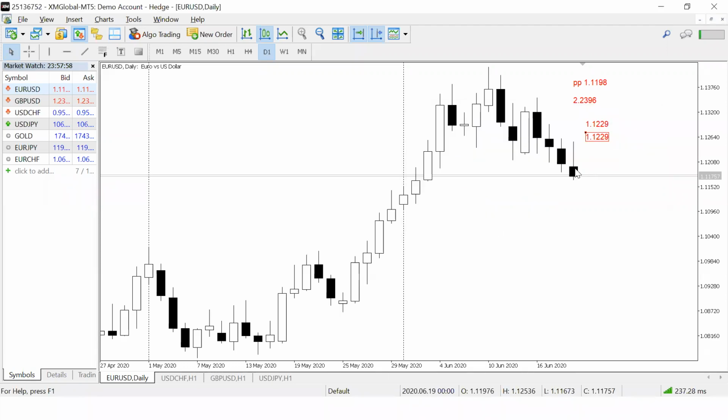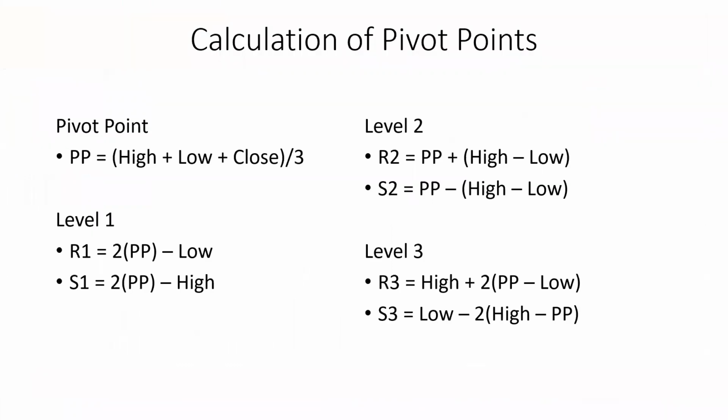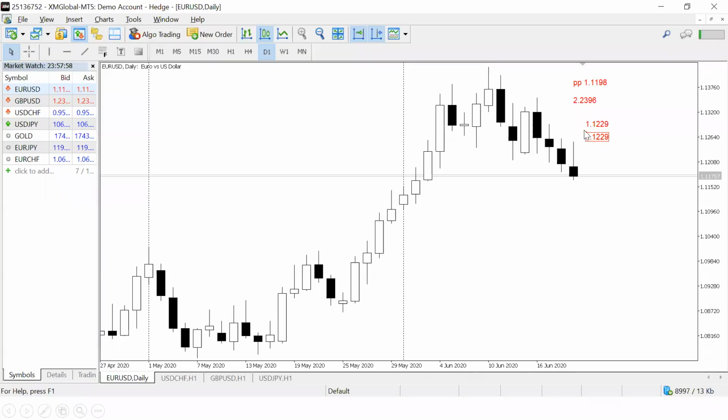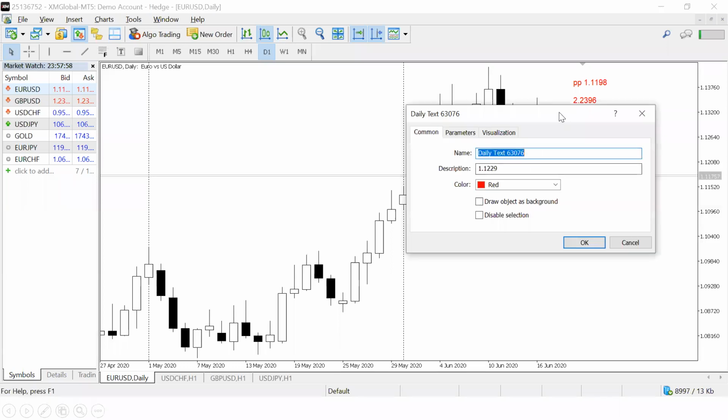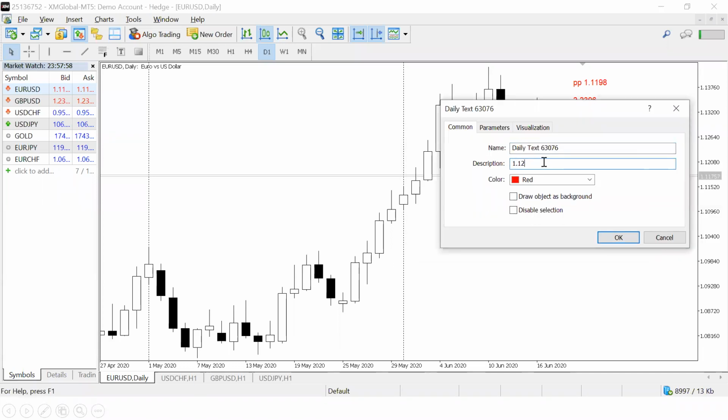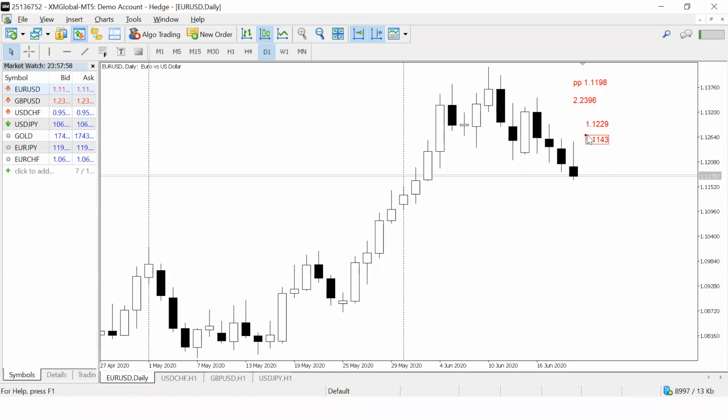Our high is 1.1253. As you can see, that's the high. 2.2396 minus 1.1253 is 1.1143. And with that, those will be our levels.